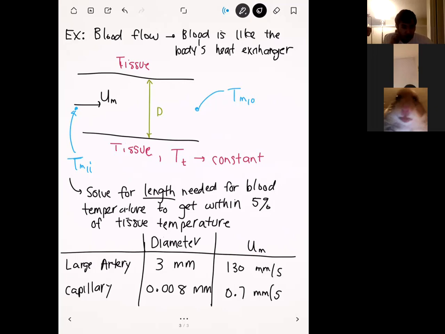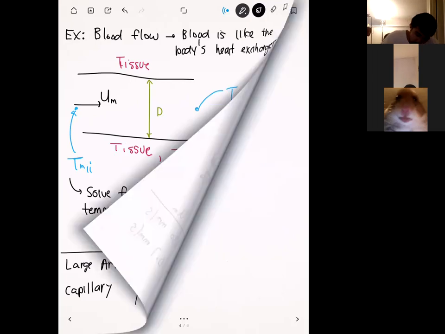Okay. All right, and so the first thing we're going to do is compute the Reynolds number to determine whether this is laminar or turbulent flow. First let's do it for the large arteries.